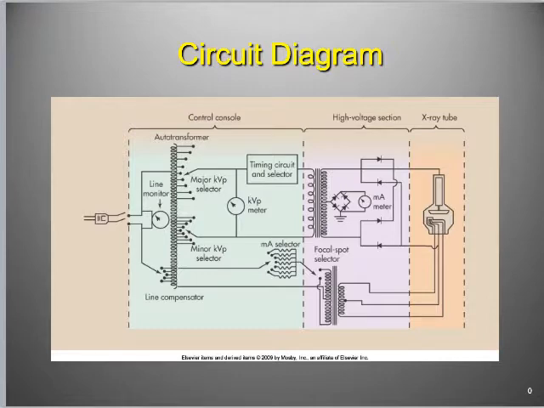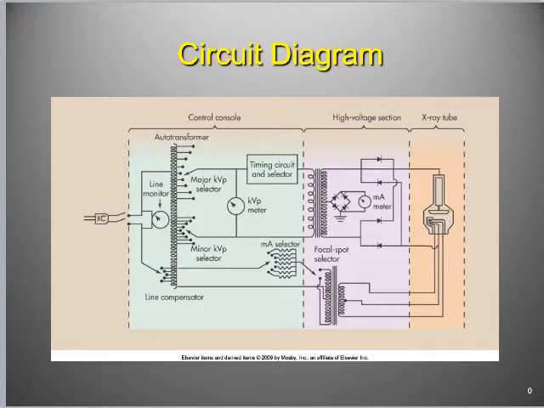Two things. This is still within the control console, but two things that are going to be hooked up to that auto transformer are the KVP major selector and the KVP minor selector. That's one of the reasons I like the old equipment in our lab, what I call the honeymoon suite, right?